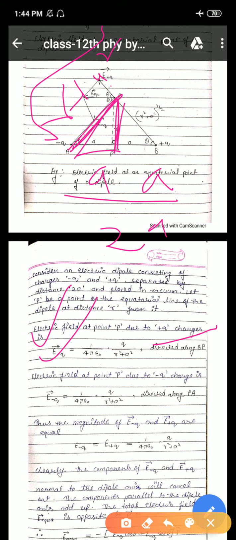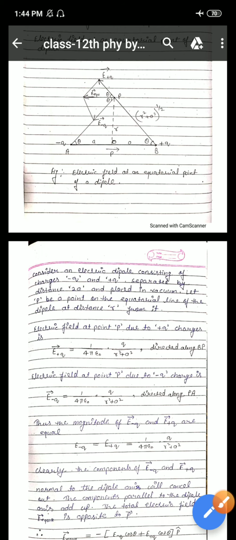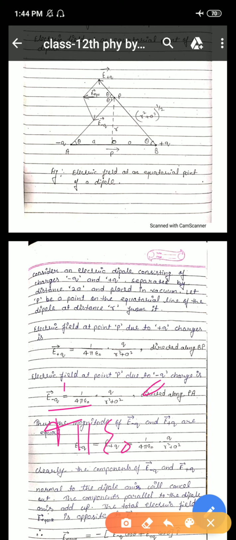So the electric field at point P due to plus charge q is 1 upon 4 pi epsilon naught, q upon the square root of r square plus a square, whole squared. The square and the square root cancel out.